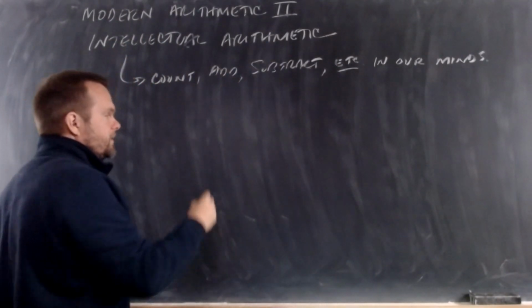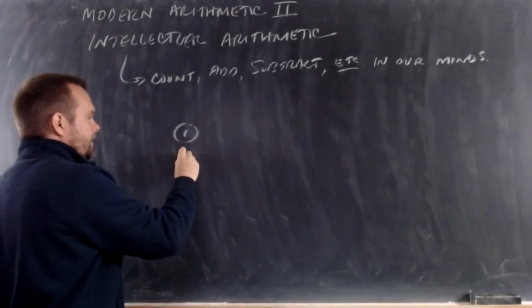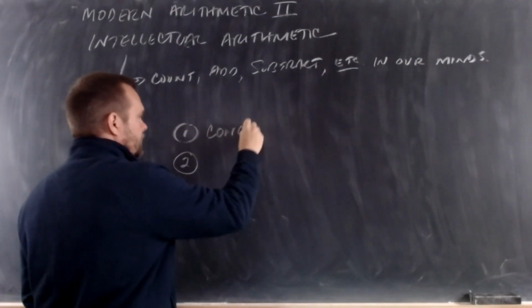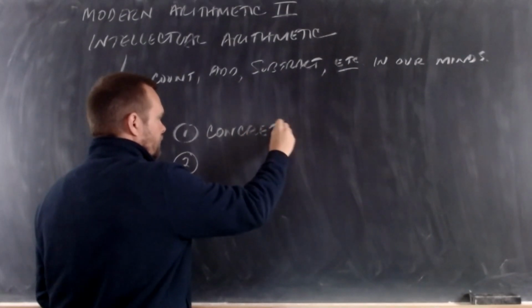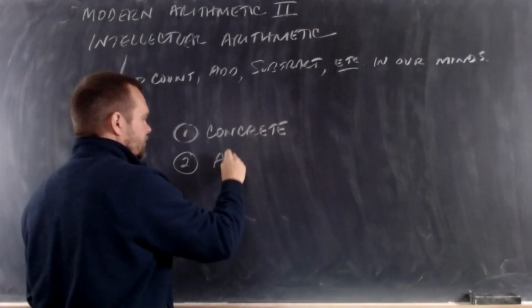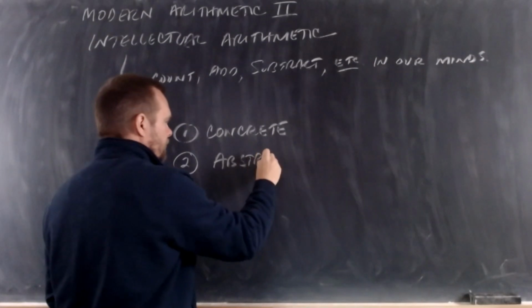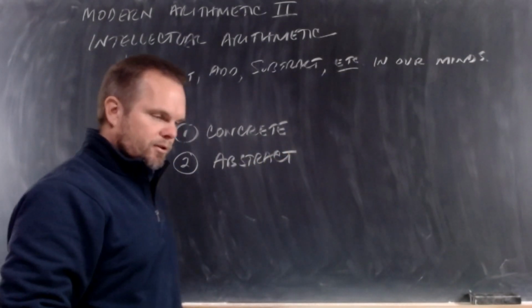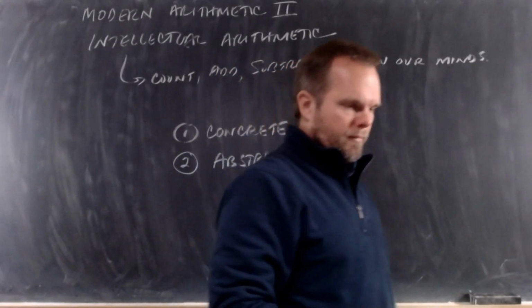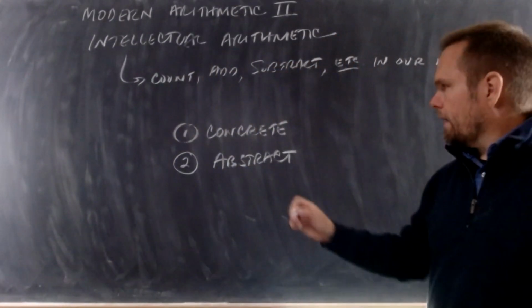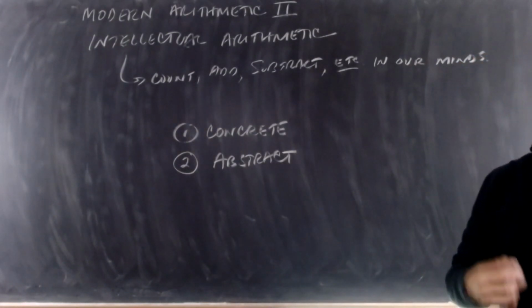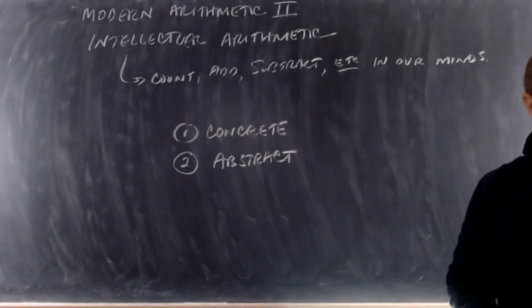Later on in arithmetic, you're going to learn that there are two different kinds of numbers. There are concrete numbers, and there are abstract. Concrete and abstract numbers. When we think about concrete numbers or talk about concrete numbers, we think about objects.